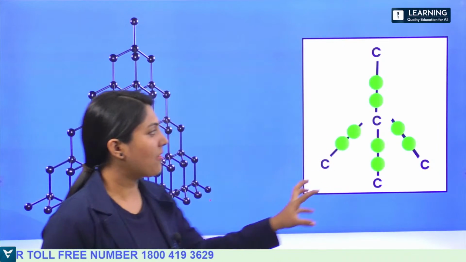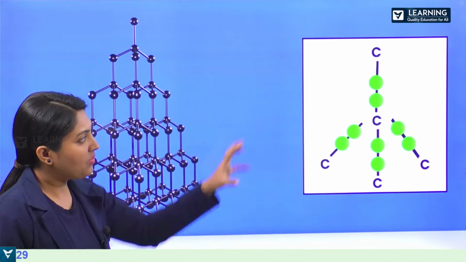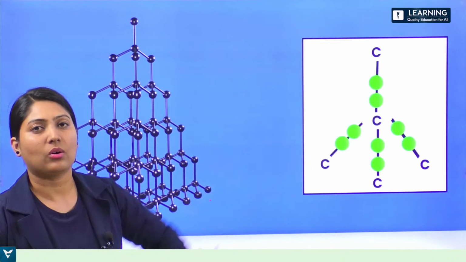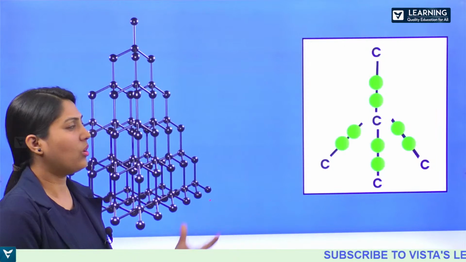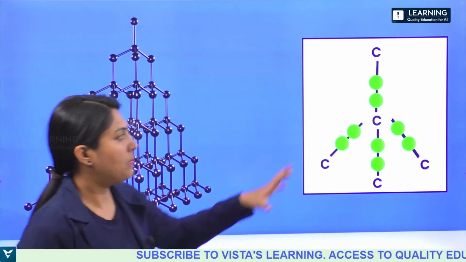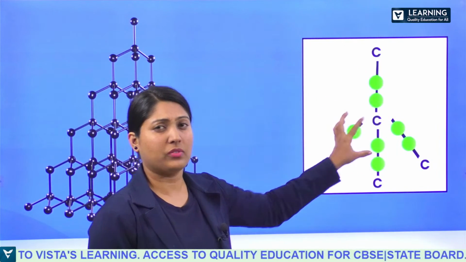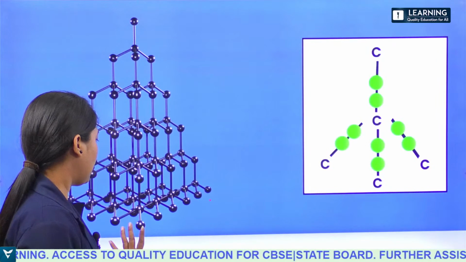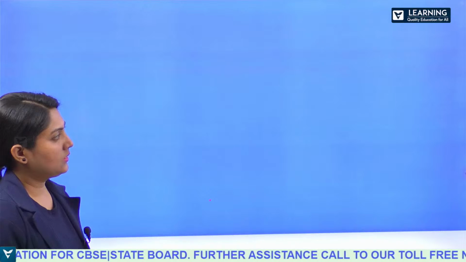Each carbon in the diamond satisfies this octet structure, and they are stable and don't have any extra electron to lose or gain, and since they are stable, the melting point of diamond is high. Got it? Good.